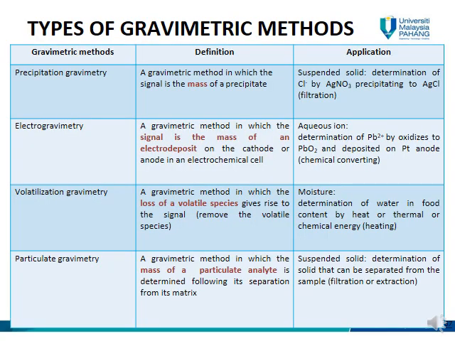So here is the types of gravimetric methods. Okay, the first one is precipitation gravimetry. This is a very common gravimetry method, and it does require a signal in a gram unit, which is a mass of precipitate.